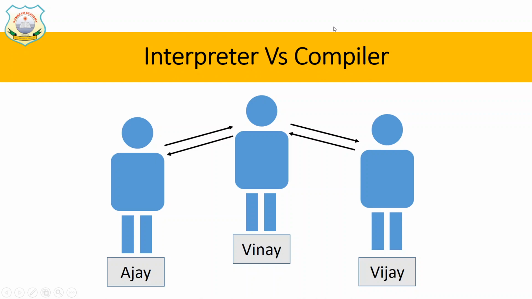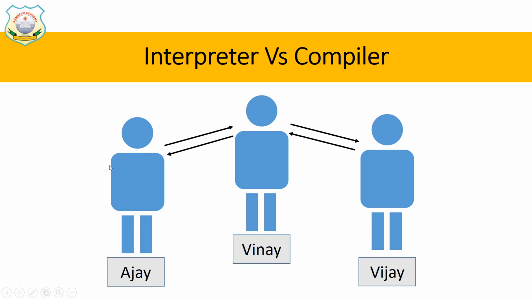And if you want to understand a compiler, so what happens? First, Ajay will speak the entire speech. Whatever he wants to say, he's going to say everything. Vinay is going to take note of all that, whatever he said, the complete speech. And then that complete speech is going to get converted into the language that Vijay understands. At this point, as an example, it's Tamil. So he's going to convert that entire Hindi script into the Tamil script and then going to tell it to Vijay.